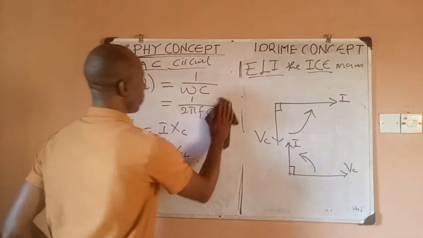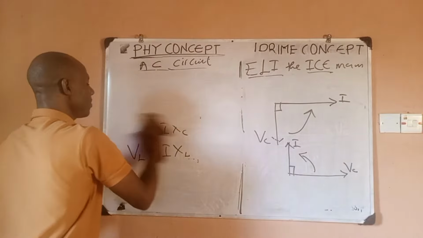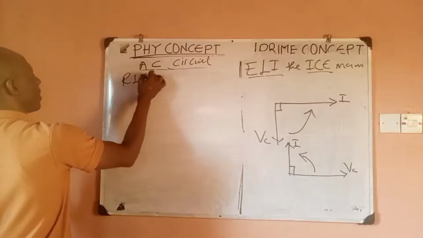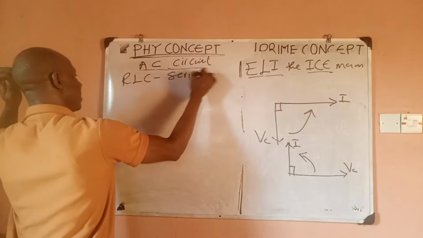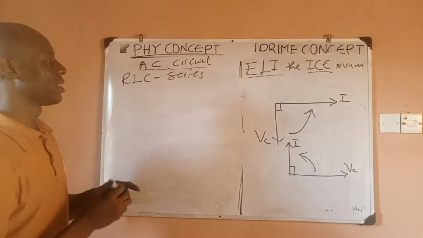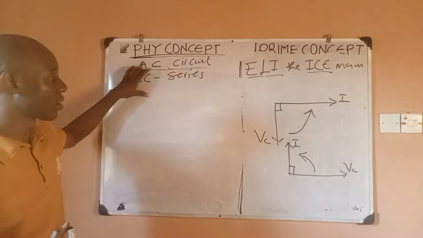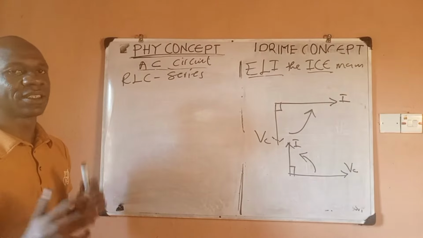Then you have what you know as the RLC series circuit. An RLC series circuit is a circuit that contains a resistor, inductor, and capacitor in series.